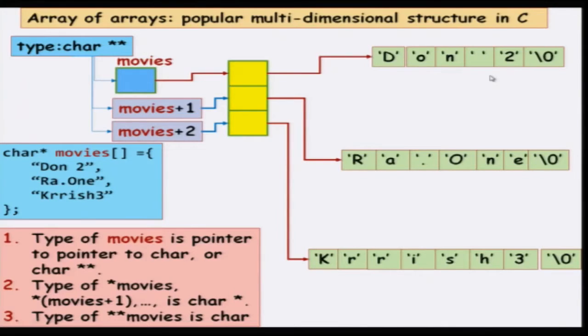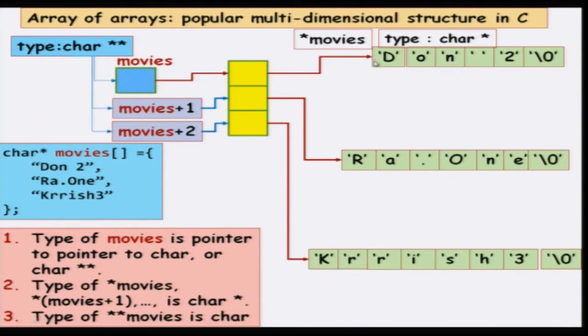So, let us see what this means. Type of the variable movies is a pointer to character pointer, or character star star. Now, type of star movies is character star, because you dereference one level, and type of star star movies is character. Okay, so, let us look at it once more. So, star movies has type character star.